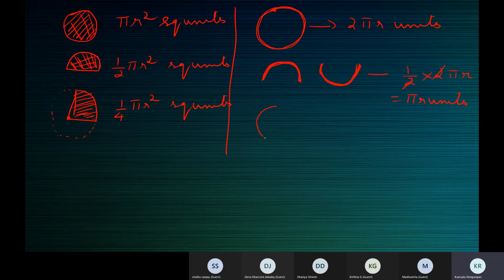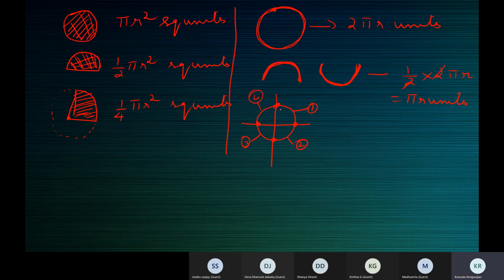Let me draw a circle and cut it into 4 equal pieces. So the length from here to here, or here to here. There are 4 pieces: 1, 2, 3, 4. Correct, children?